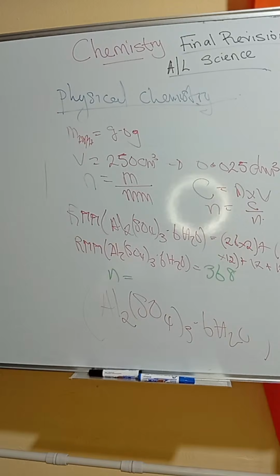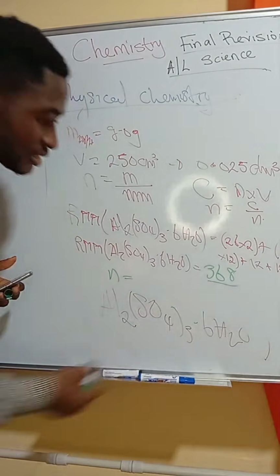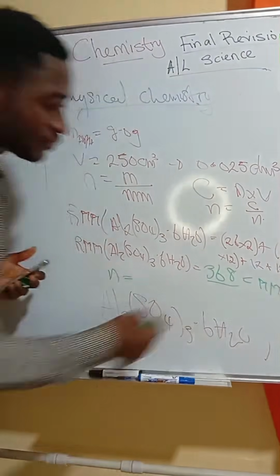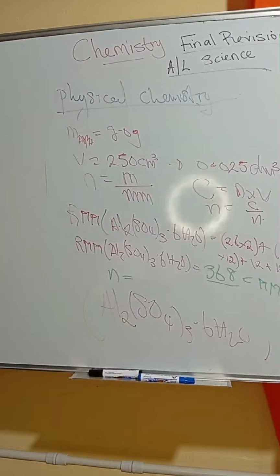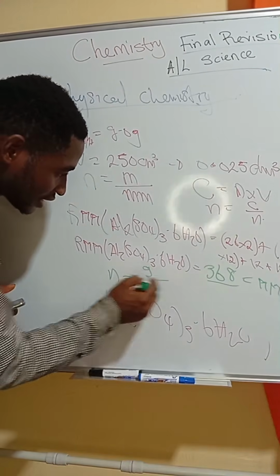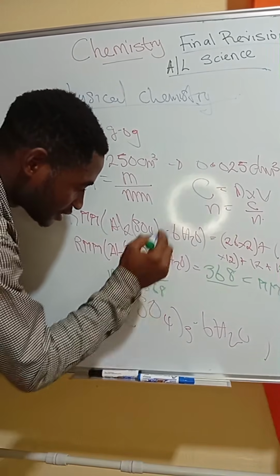No, I don't know my molar mass. But do I have an Avogadro's constant? Yes, I have an Avogadro's constant. Now, most of you will just come and sit. You don't even know what to do. But 368 is also known as the molar mass of the compound, which is also known as the relative molecular mass. So this now is given to me as 9 divided by 368.